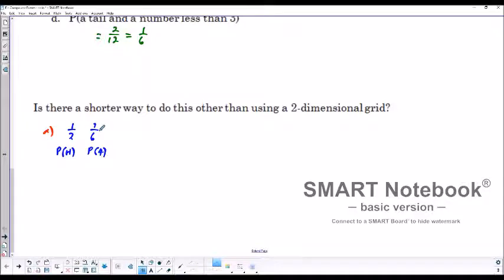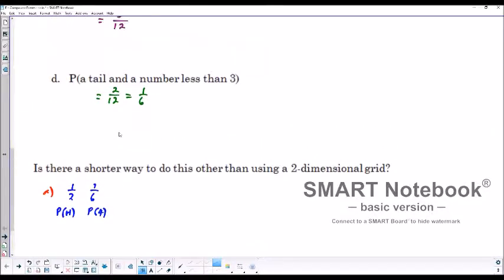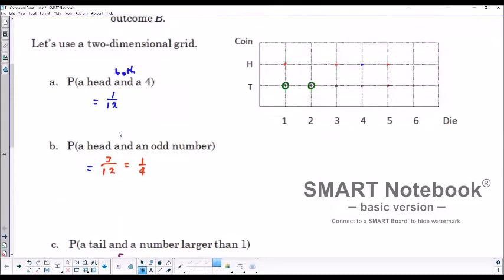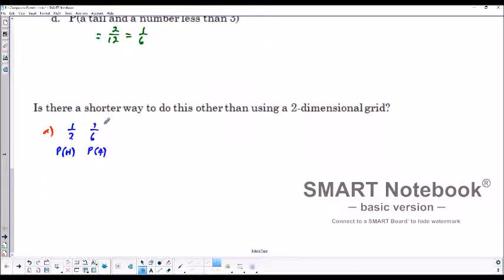Now notice, if we take a look at this 1/2 and 1/6, and go up to our two-dimensional grid, the actual result was 1/12. How are we going to get 1/12 when we have a 1/2 and a 1/6 there? Head scratcher. Let's take a look at another example first, and then maybe we can circle back here.